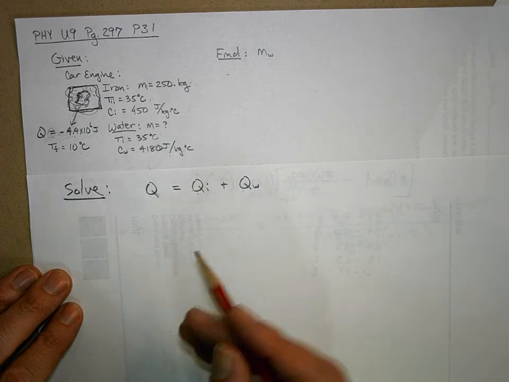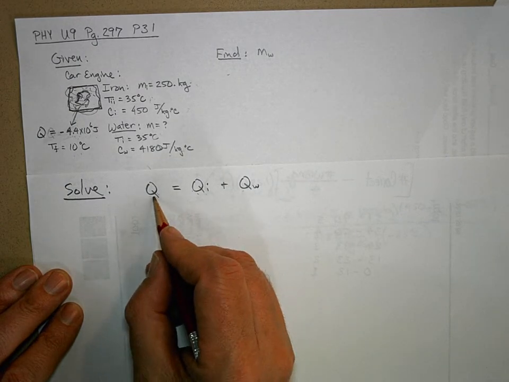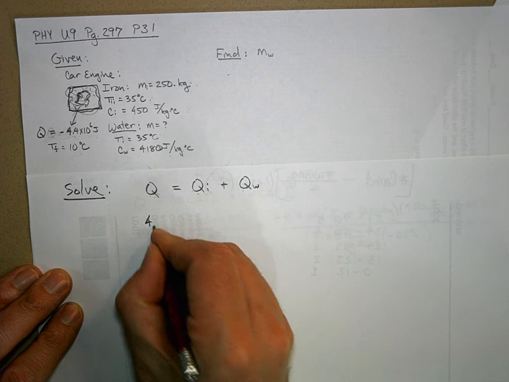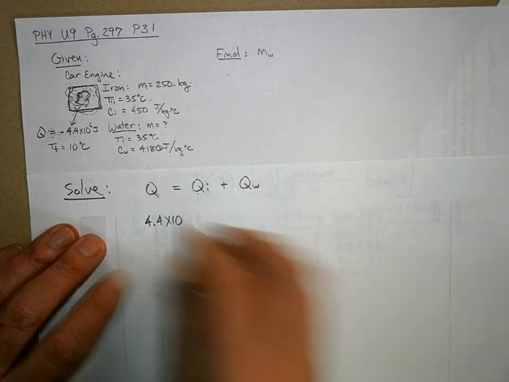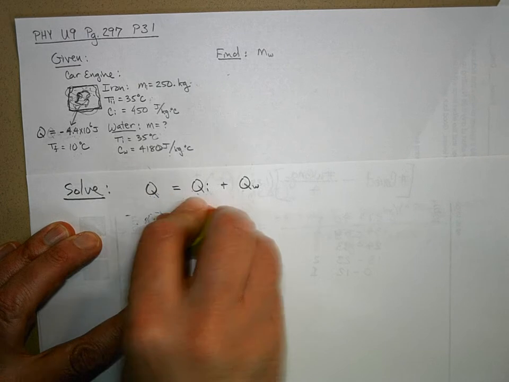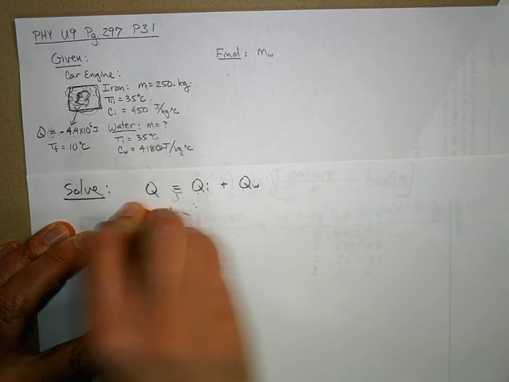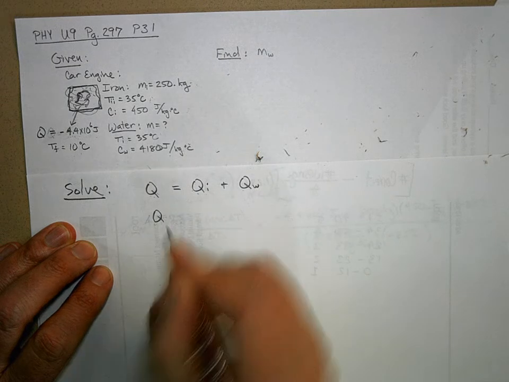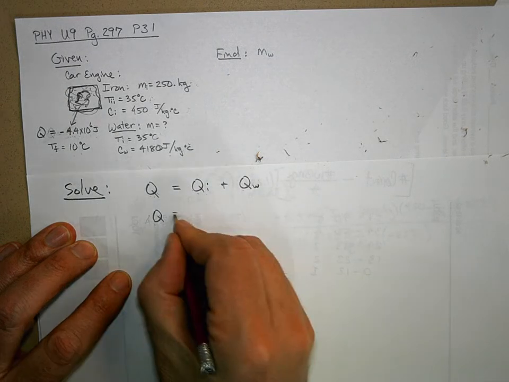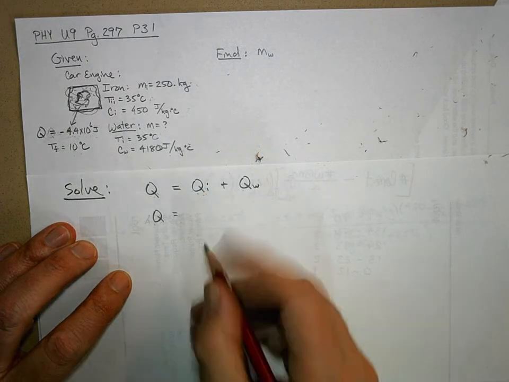So anyway, now this is given to be 4.4 times 10 to the 6. But before I do that, I'm going to keep it as a variable and break this down a little bit. So the total heat lost by the system is equal to the heat lost by the iron.